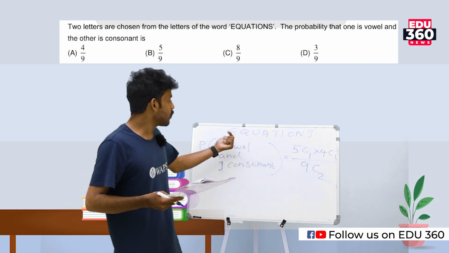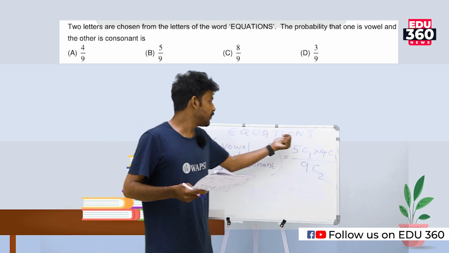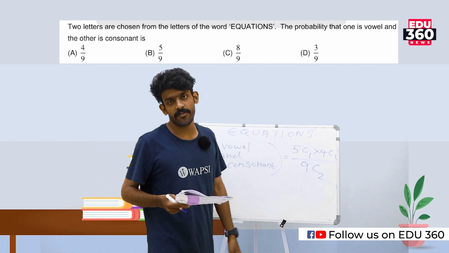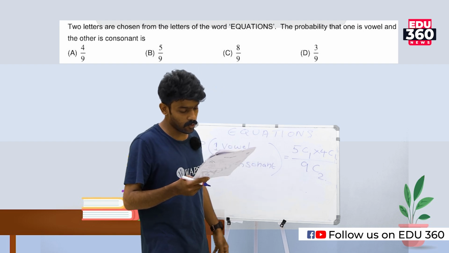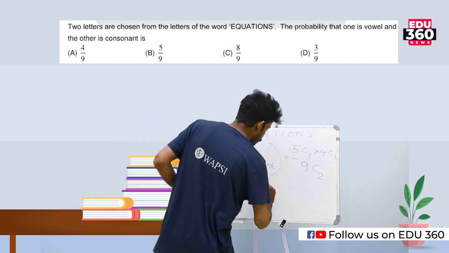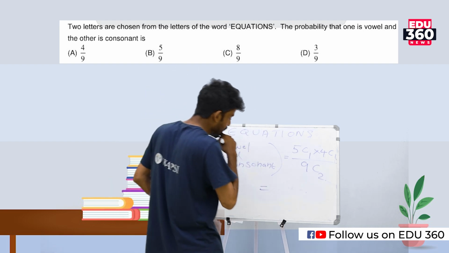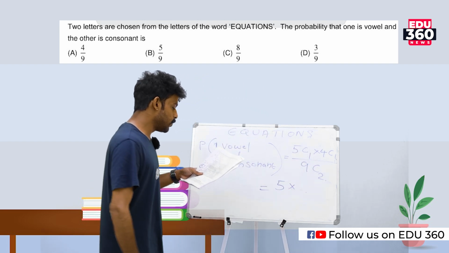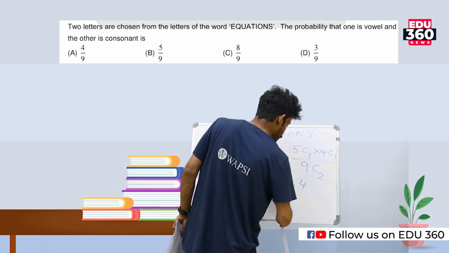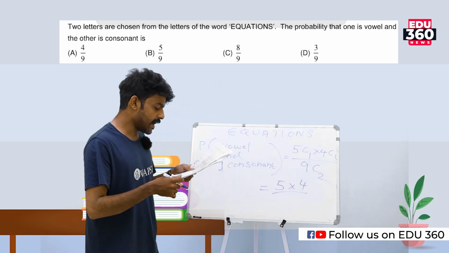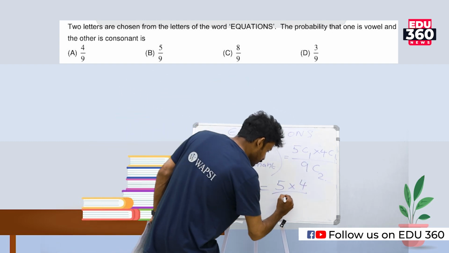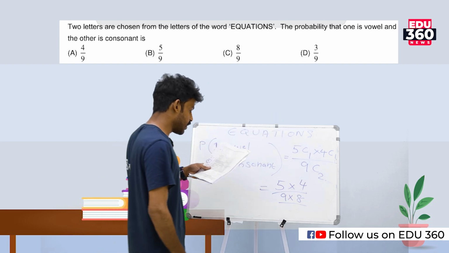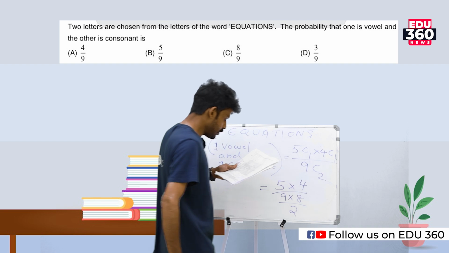9 means the total number. The total number of letters in equation is 9. So out of 9, we are going to select only 2, so it will become 9C2. Now we substitute the values: 5C1 is 5, 4C1 is 4, and 9C2 is 9 into 8 divided by 2.